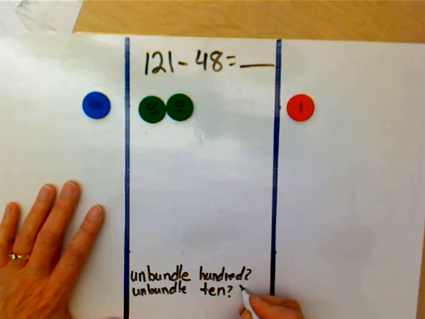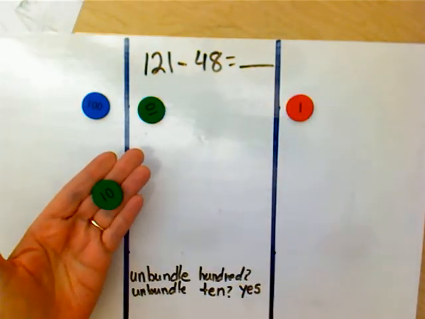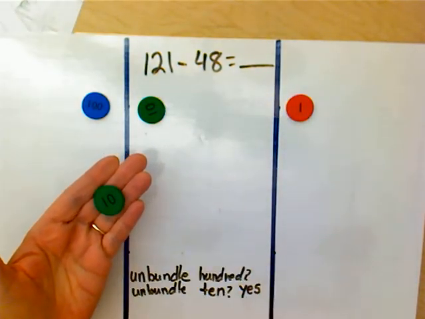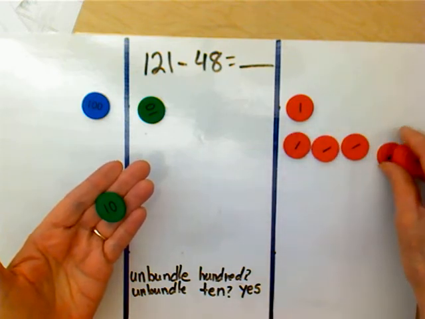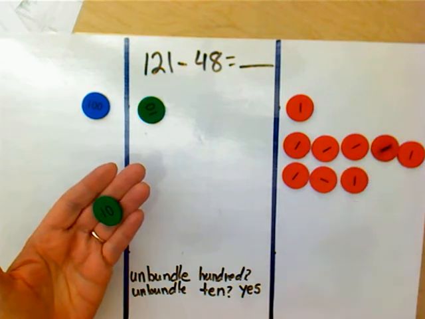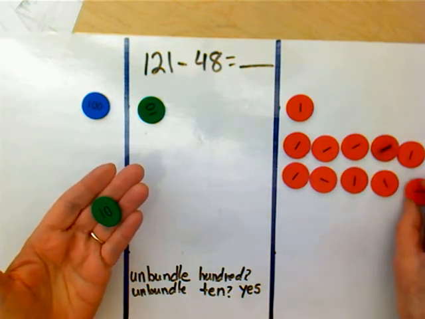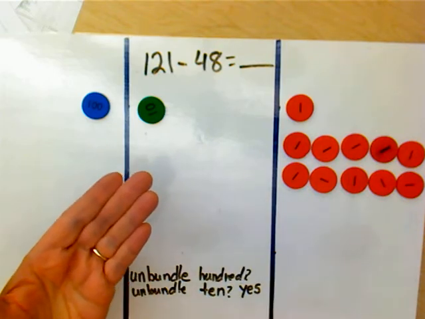So that means I'm going to need to, yes, unbundle a 10. So here I go. I'm going to hold out my hand, take a 10, and decompose it into 10 ones. 1, 2, 3, 4, 5, 6, 7, 8, 9, and 10. So I have decomposed or unbundled that 10 for 10 ones.